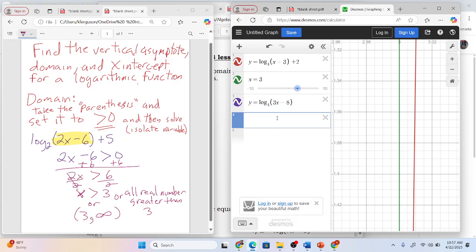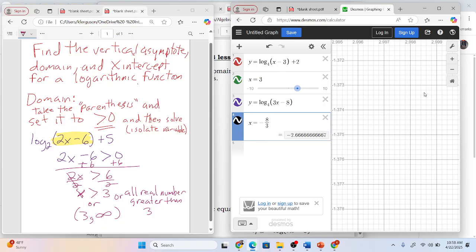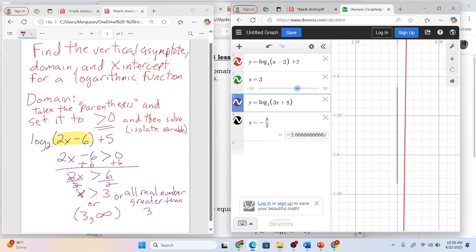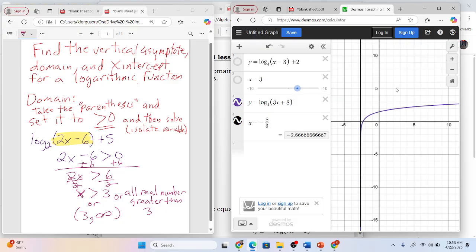And then let's say x equals negative 8 over 3. Yes, ma'am. Say it again. It's plus 8. Thank you. All right. And then let me get rid of this and get rid of that. And let's talk about what we see here.